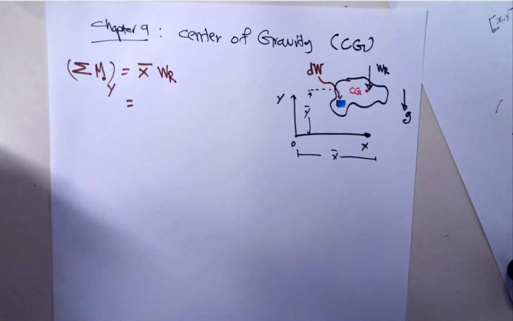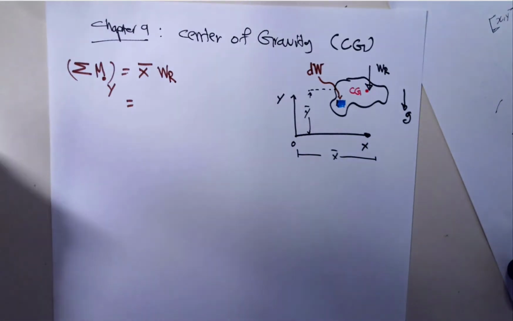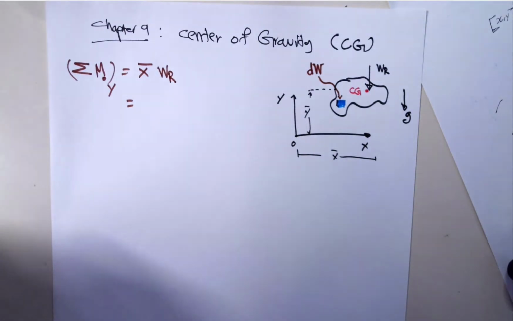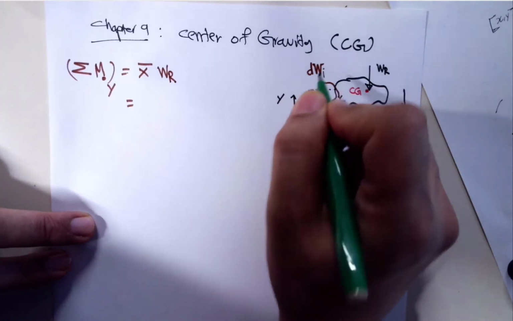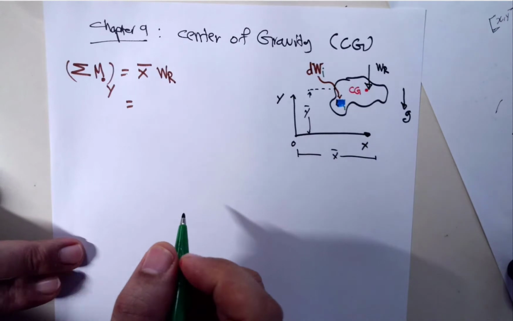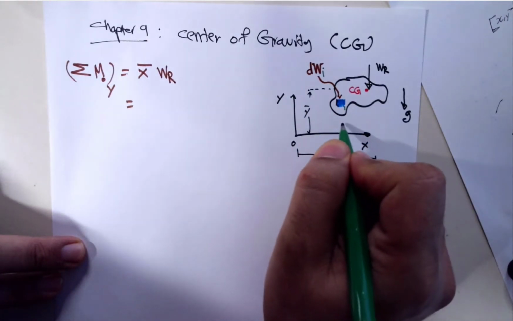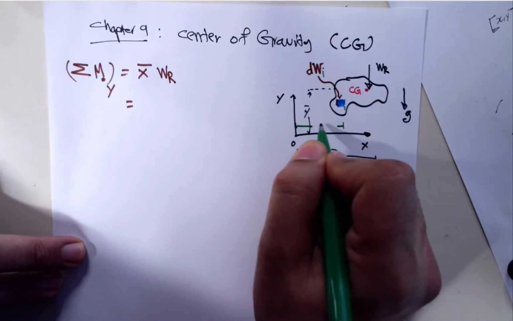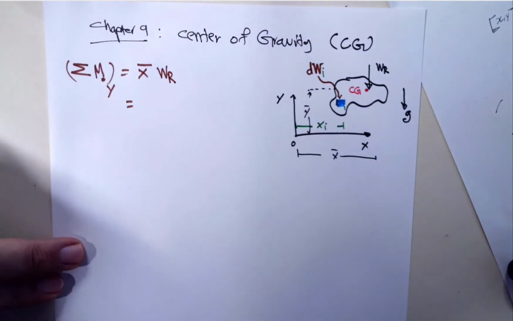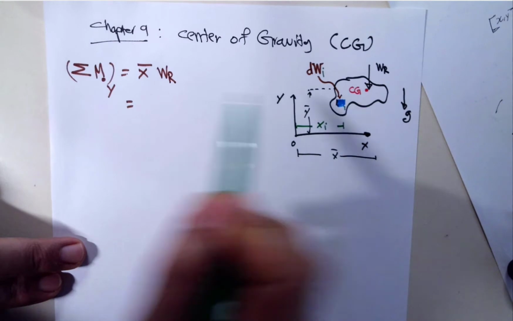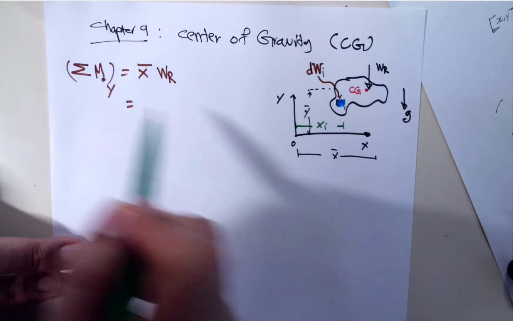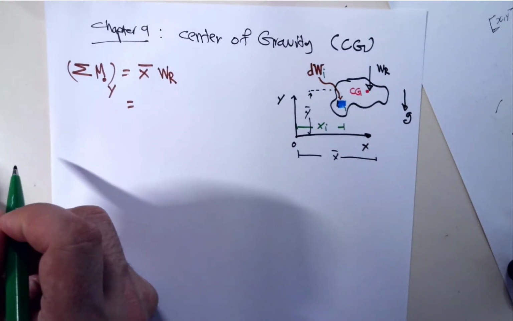If we use a subscript to help us identify, I call this dWi, and I call its location xi. I'm calculating the moment of each of these about point O and axis y.